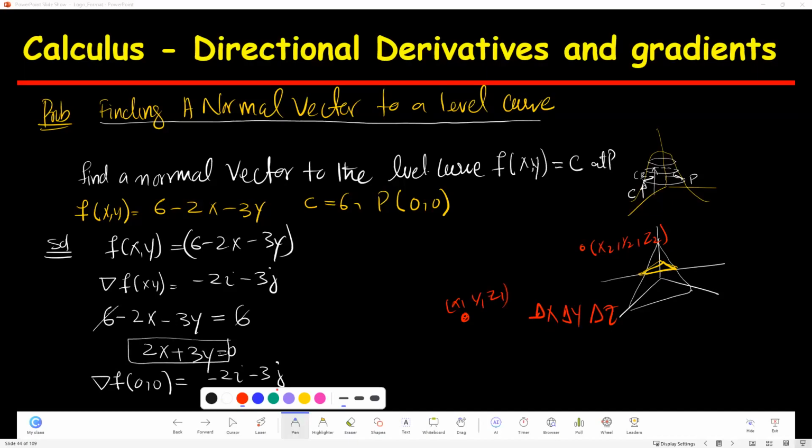The change is x2 minus x1, y2 minus y1, and z2 minus z1. These are the changes you are talking about. You can do it this way, or you can do it this way.